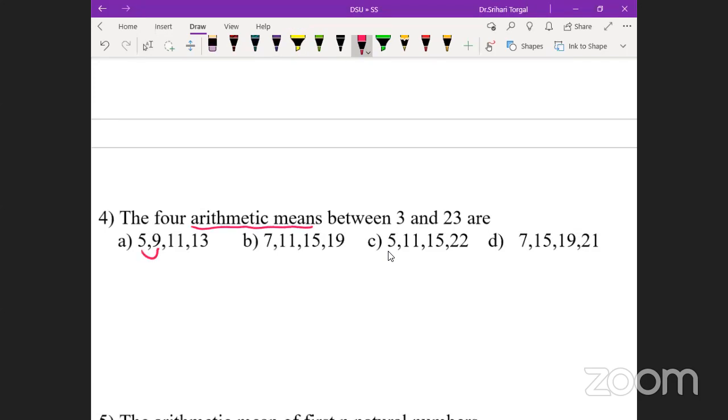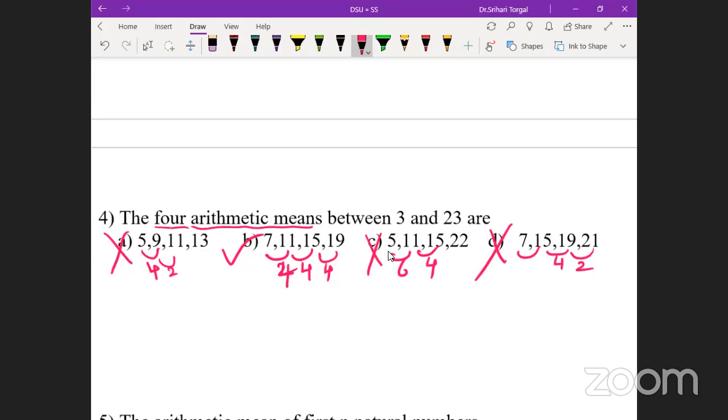Because they have told that it is 4 arithmetic means. What is the difference? 4. So this is not in AP because the first difference is 4, then it is 2, which is not valid. Sorry, this is 4, this is 4, this is also 4, correct. Yeah, option B is the right answer.